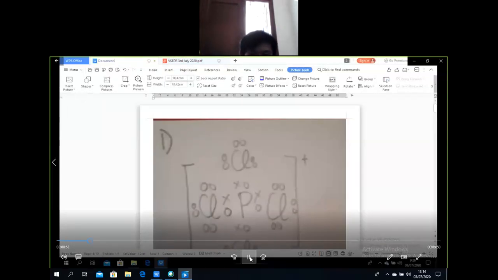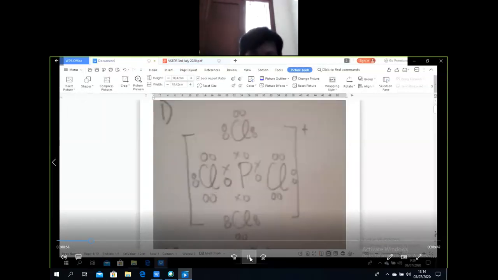PCl4 positive: as we can see here, phosphorus has 5 electrons in the outermost shell. One electron from the phosphorus is moving out, so the ion becomes positive.